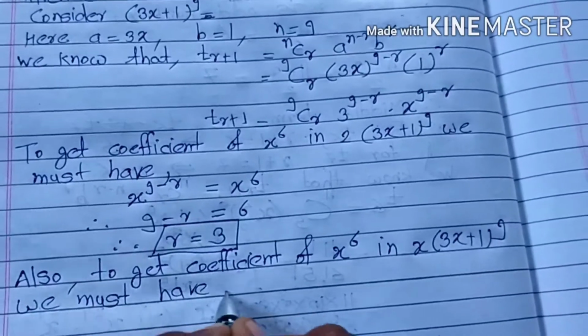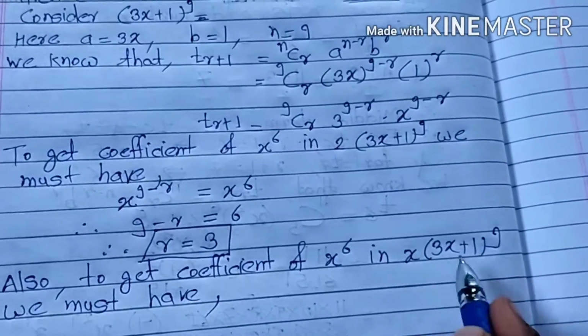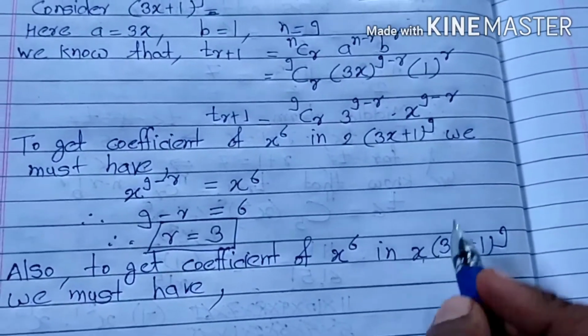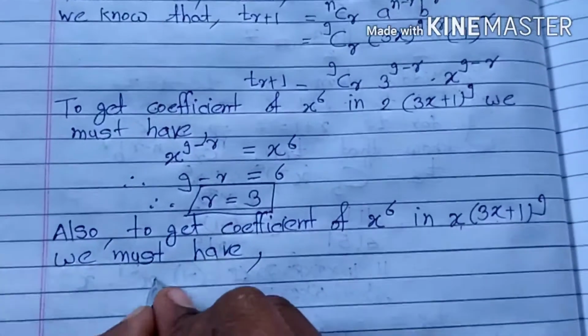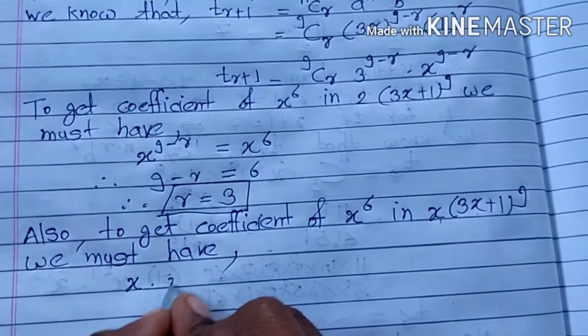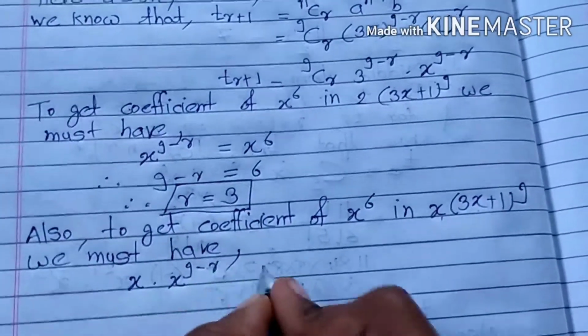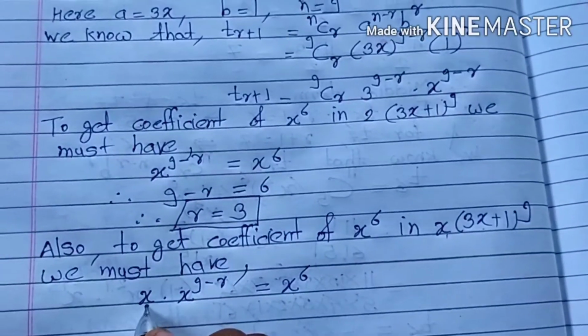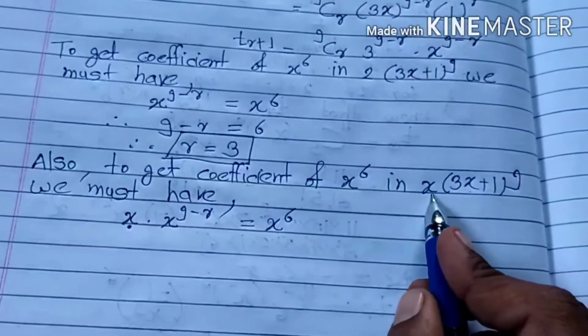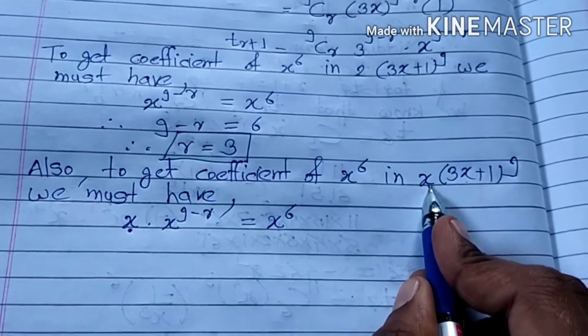Now here you can observe that this term is multiplied by x, that's why you have to take this term multiplied by x. So you can take this term like that, x into x raised to 9 minus r, which is equal to x raised to 6. Here we take an additional x because our term is multiplied by x.